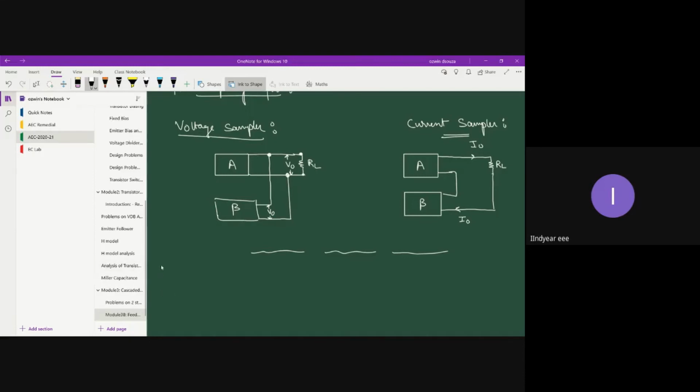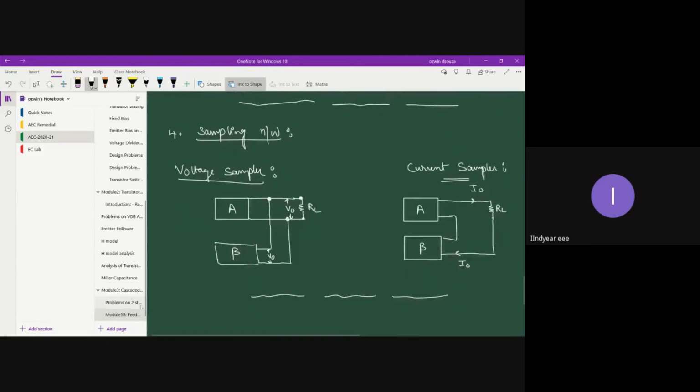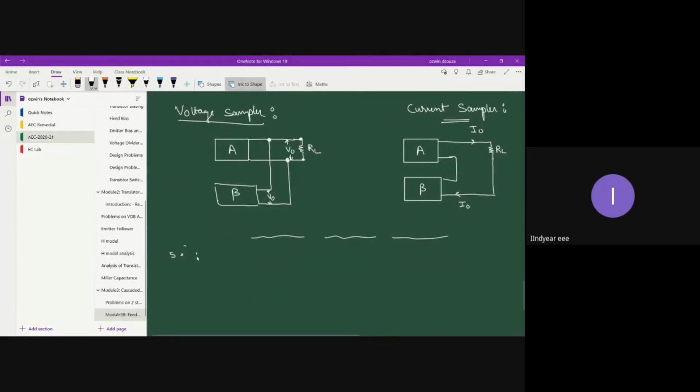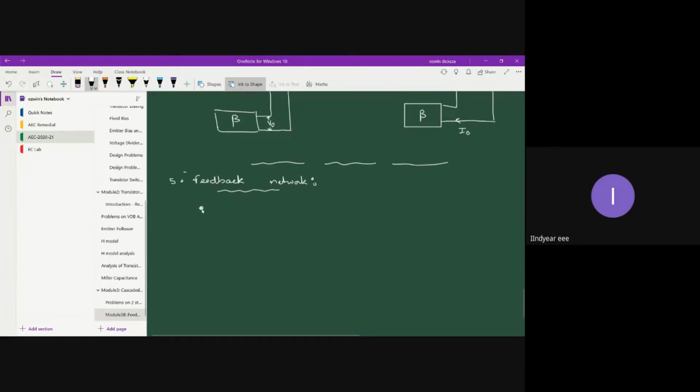Okay, done. Now the final element, which is the feedback network. This feedback network is constructed mostly using passive elements, such as resistors or capacitors, and inductors also.